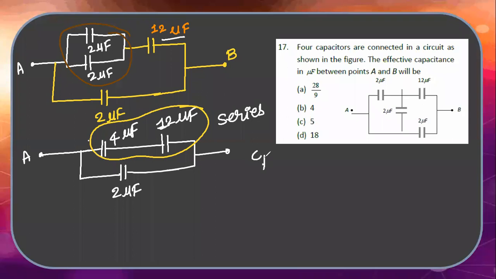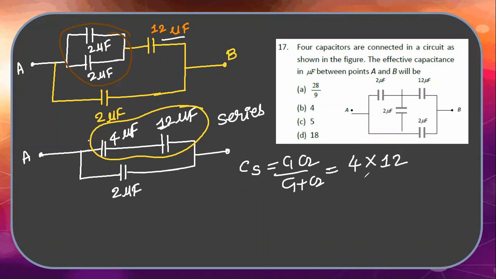If they are in series, Cs is equal to C1 C2 divided by C1 plus C2. So C1 is 4, C2 is 12: 4 times 12 divided by 12 plus 4, which is 16. 4 cancels in 16 four times, and in 12 three times. So 3 microfarads.